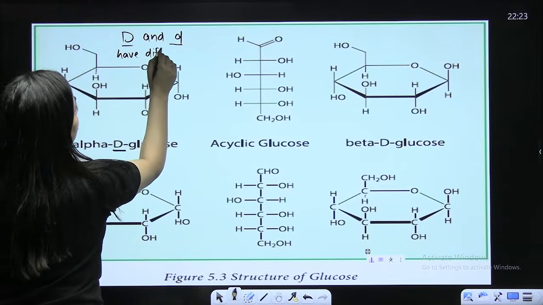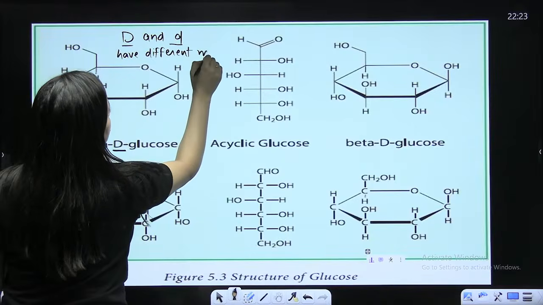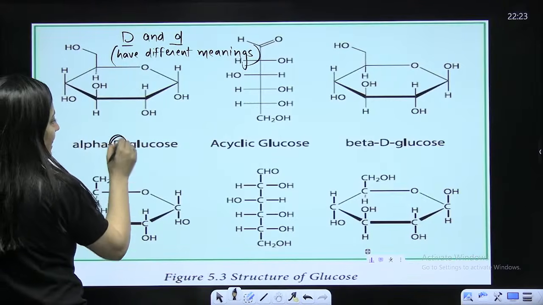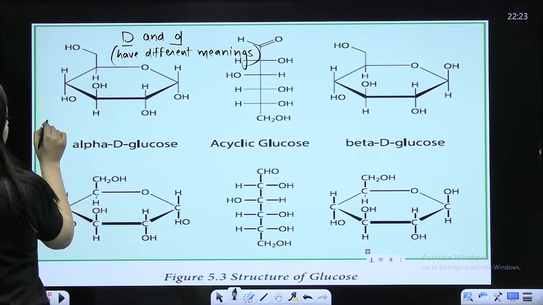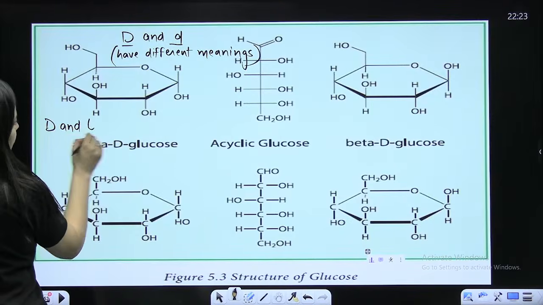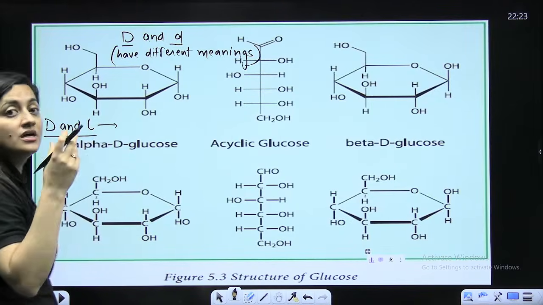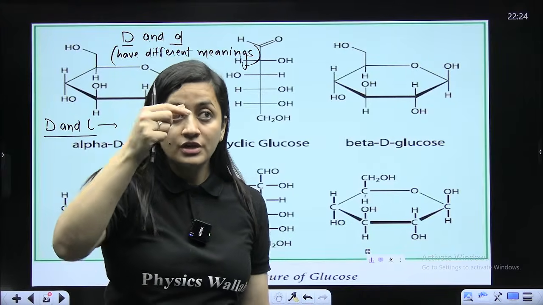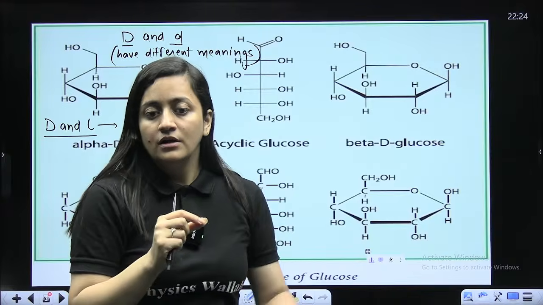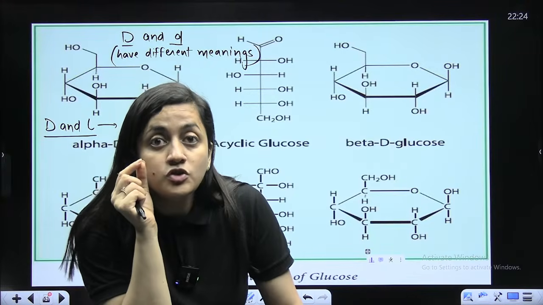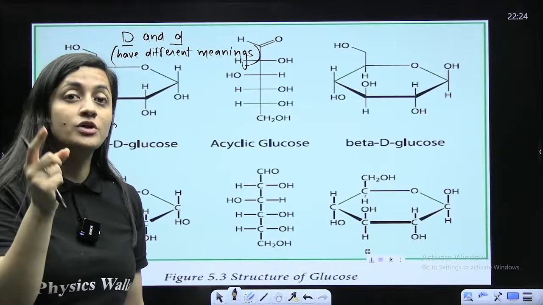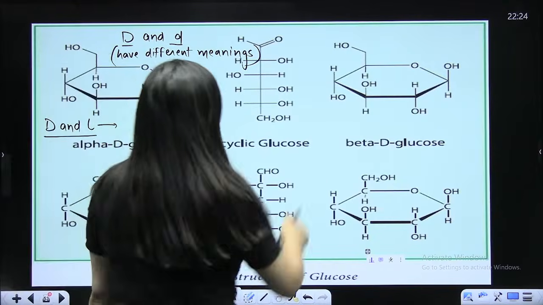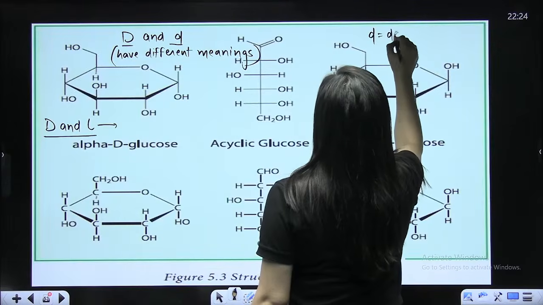Capital D and capital L tell us about the configuration, the arrangement of this OH. When you write small d and small l, small d is denoted by plus and small l by minus. So when it is small d, it tells me about dextrorotatory.